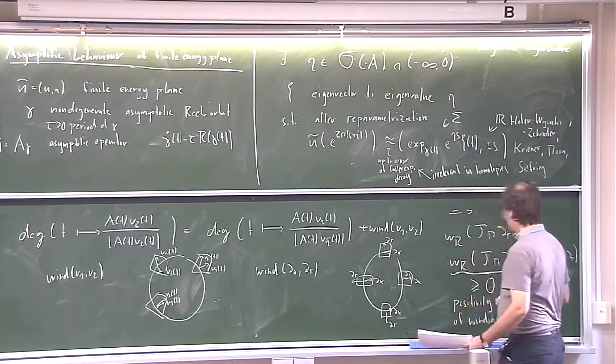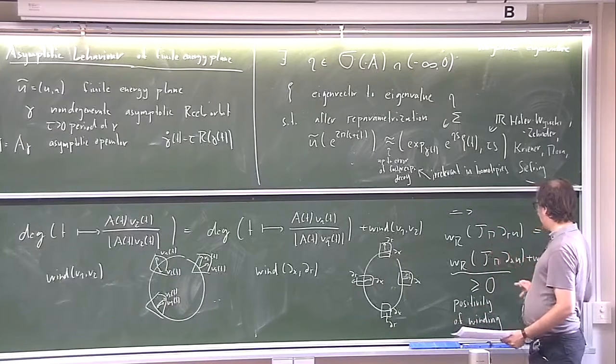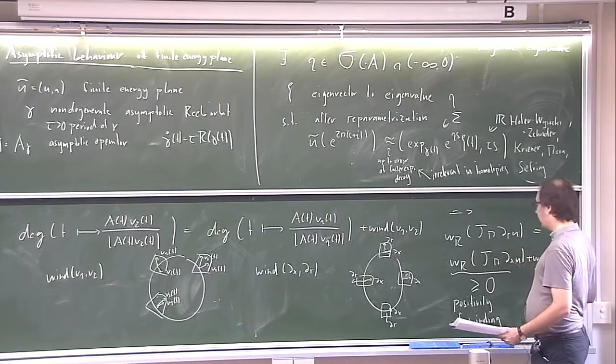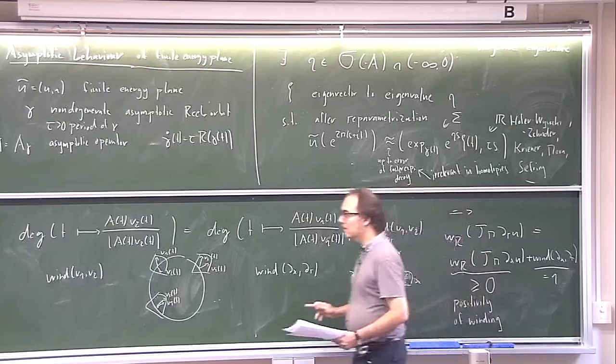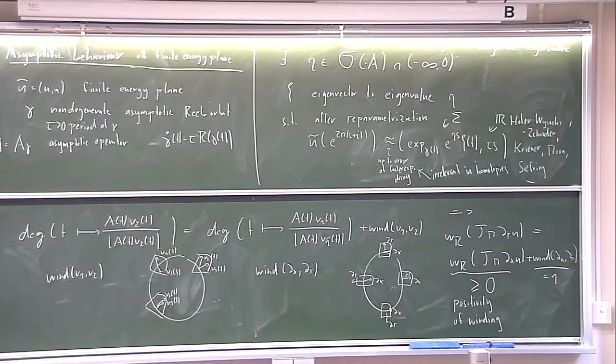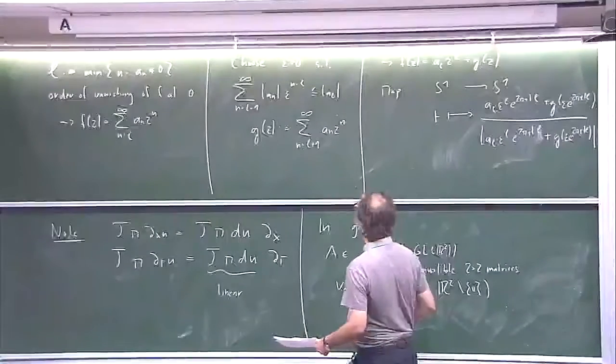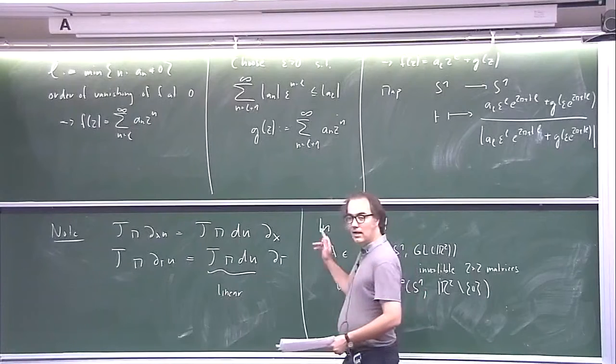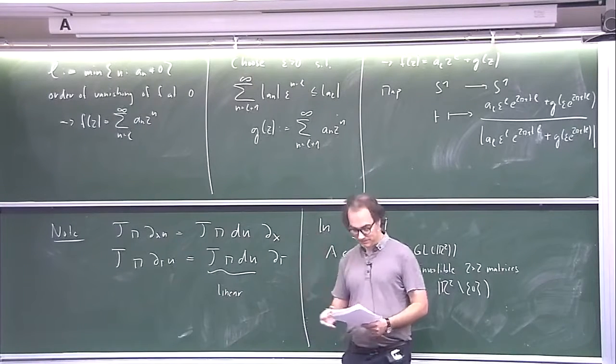So the conclusion is that this binding number is bigger or equal to 1. Maybe it disappeared, the eta of this.